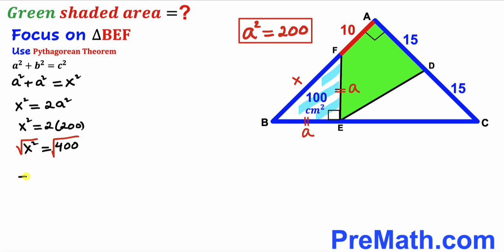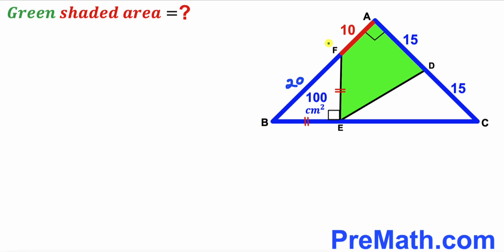So our x value simply turns out to be 20 centimeter. Thus our hypotenuse x value turns out to be 20 centimeter, so our segment BF length turns out to be 20 centimeter.